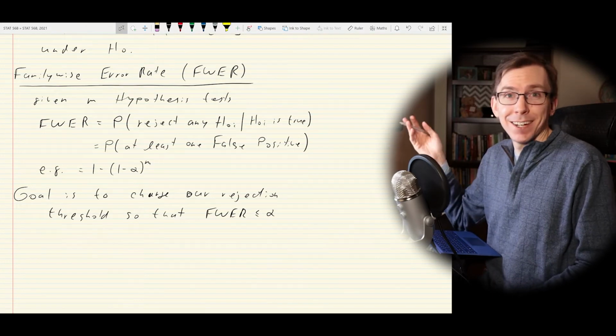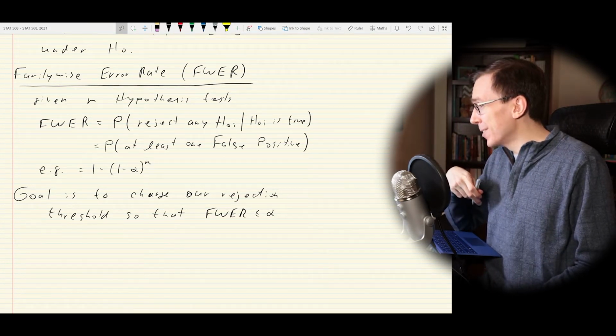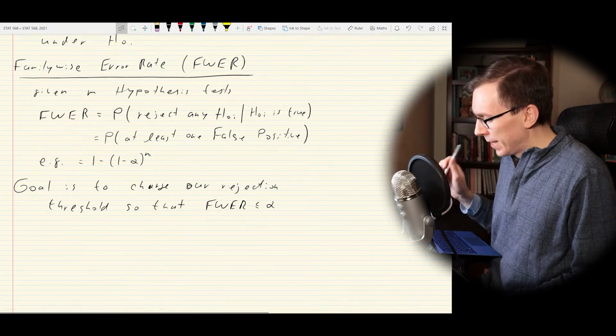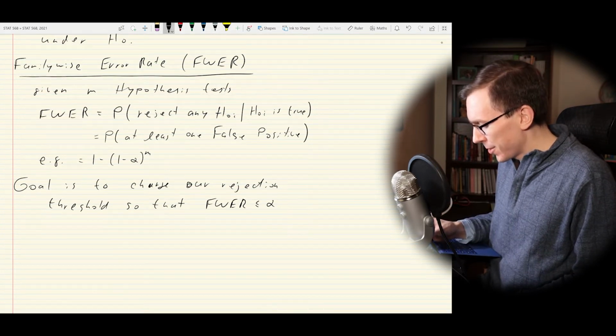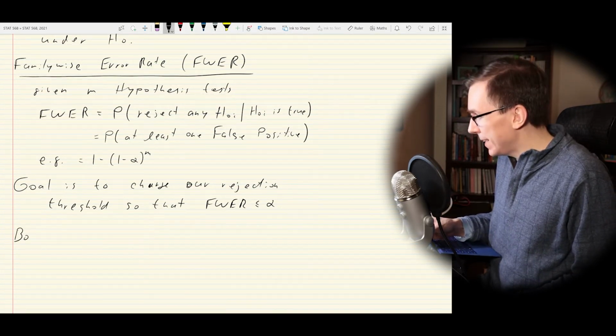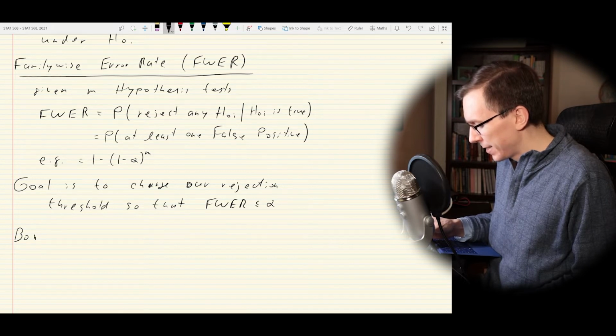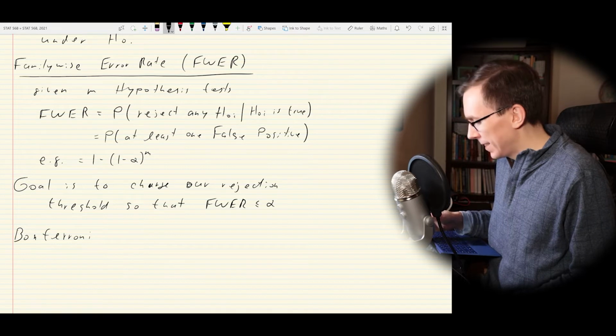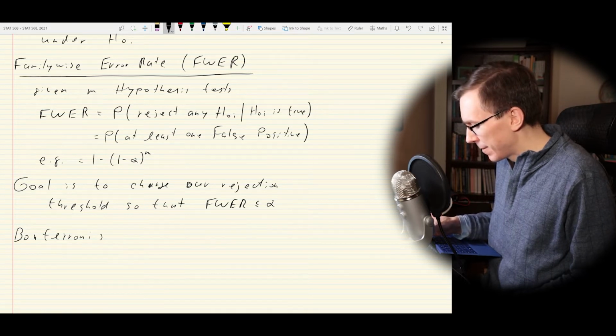And then there's a ton of ways to do that. So we're going to go through and talk about them all. The first one we're going to talk about is we're going to return to the easiest and classic one, Bonferroni's method.